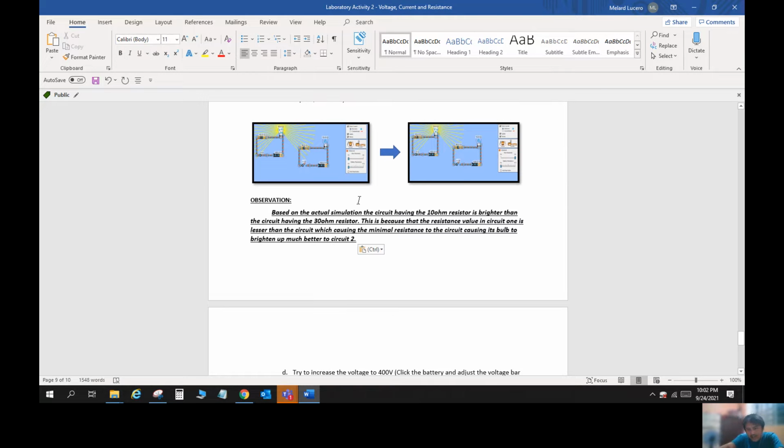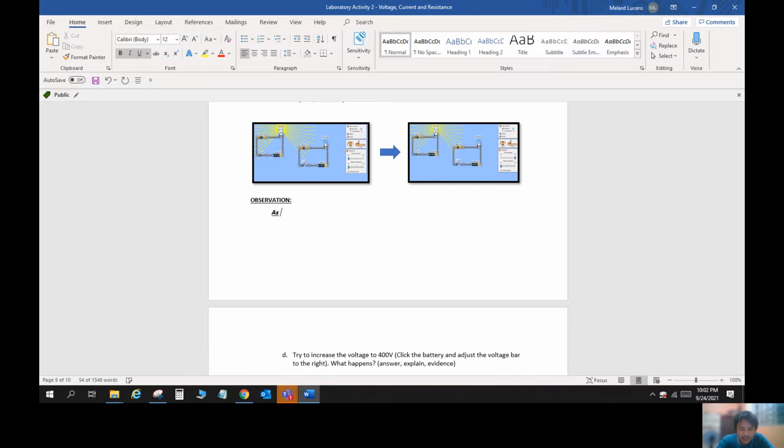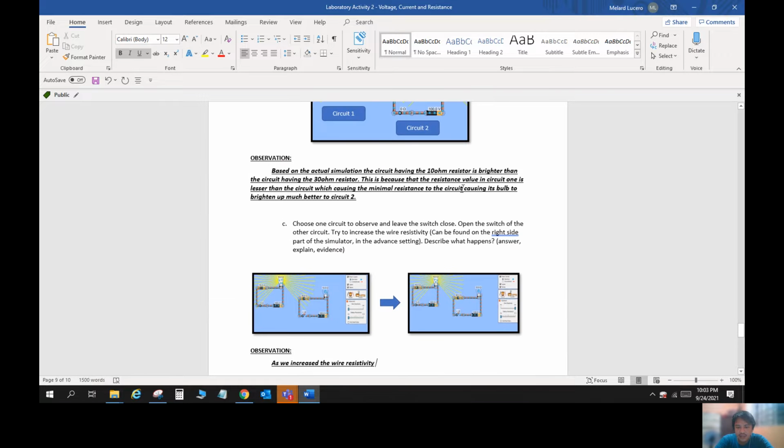Okay, so English siya. So, observation: as we increase the wire resistivity, hindi naman siguro kailangan much more detailed. Okay? Describe what happens lang naman.